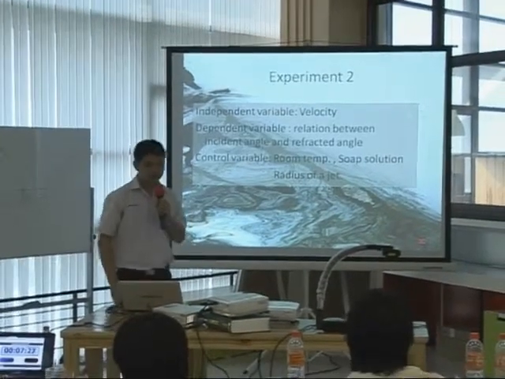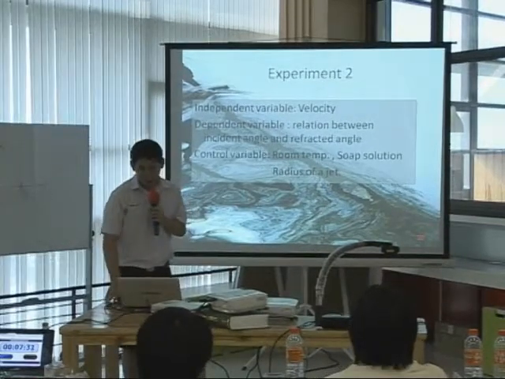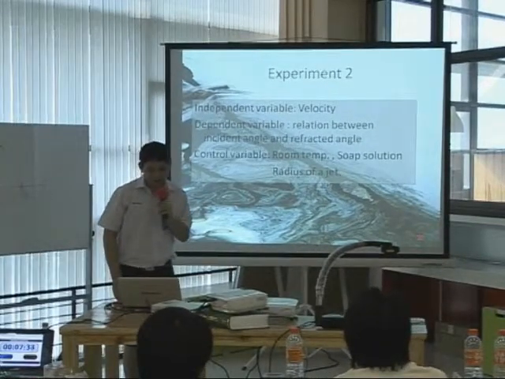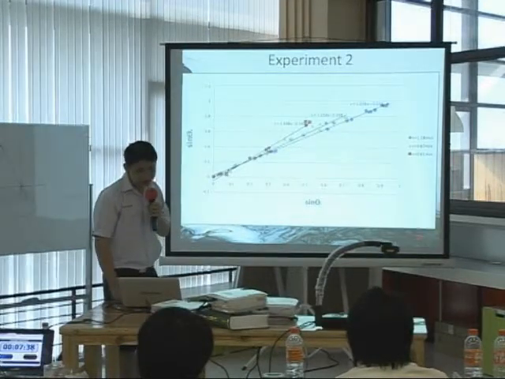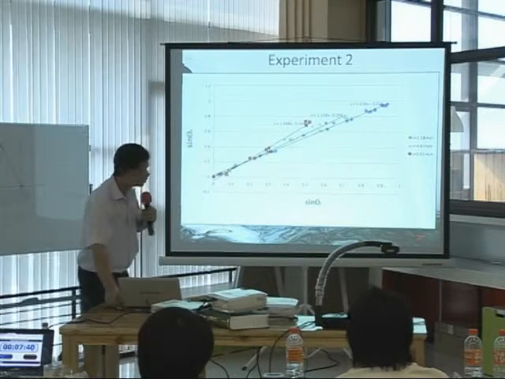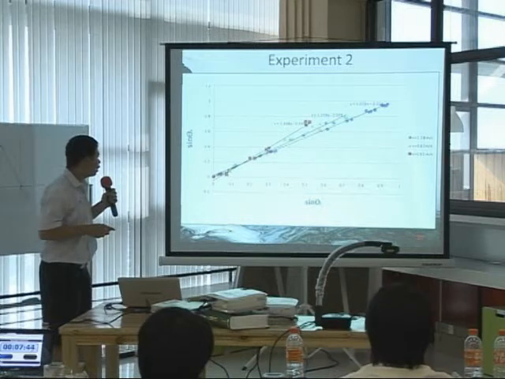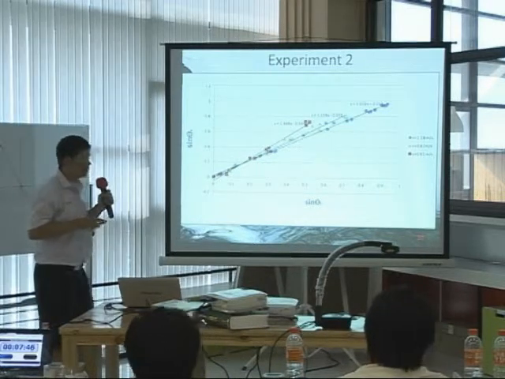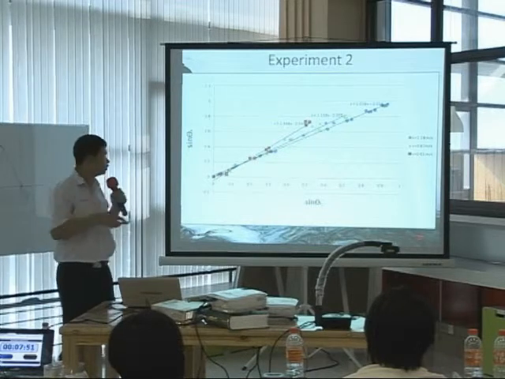Okay, for experiment 2, I want to know, if we change the velocity, what is the relation between incident angle and refracted angle? Here's the graph. If you see the graph, when the velocity decreased, the slope of the graph is close to 1.